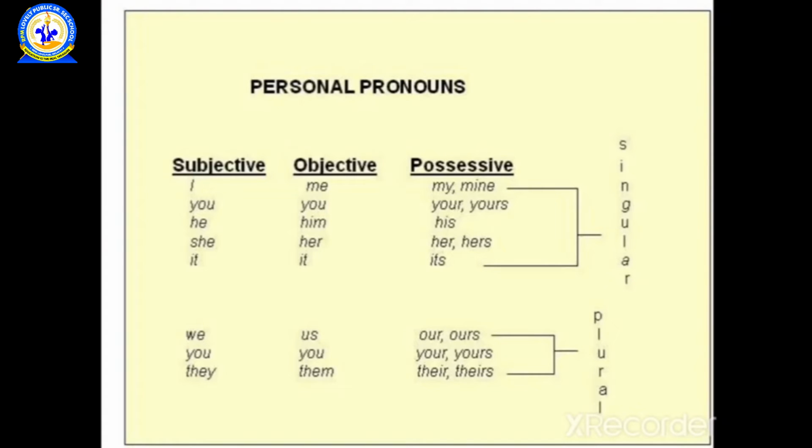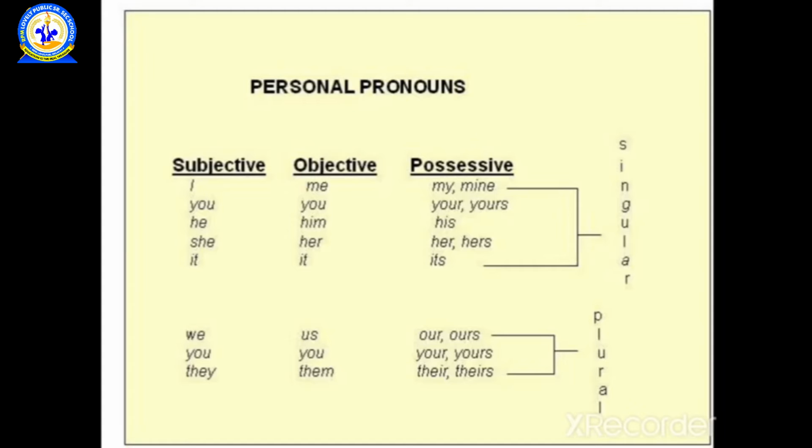Now, unlike nouns, personal pronouns change their form according to their case as shown in this table. In the subjective case, we use I, and for objective we use me, and similarly if you want to show the possession, in possessive case we use my and mine in the singular one.